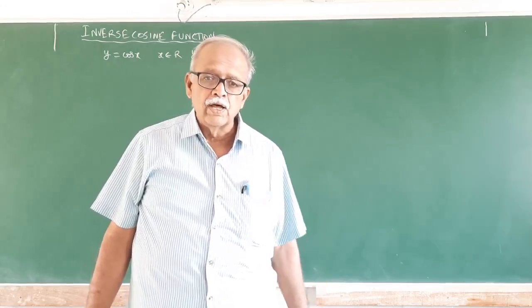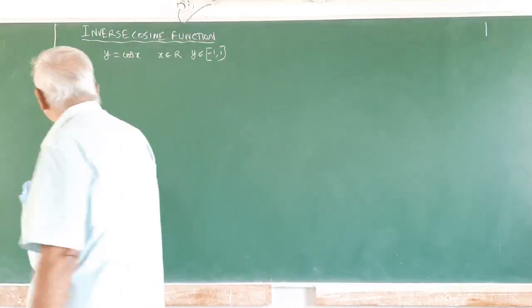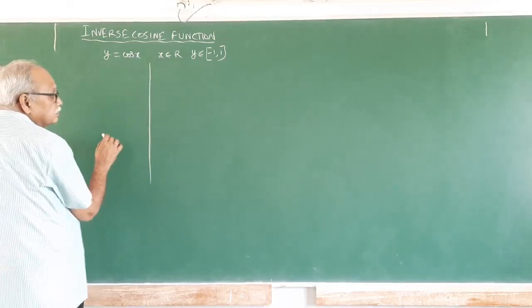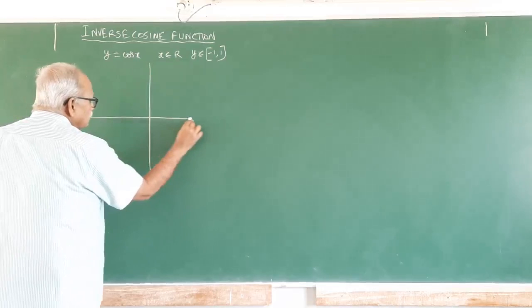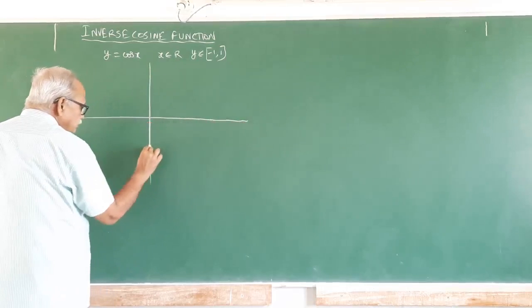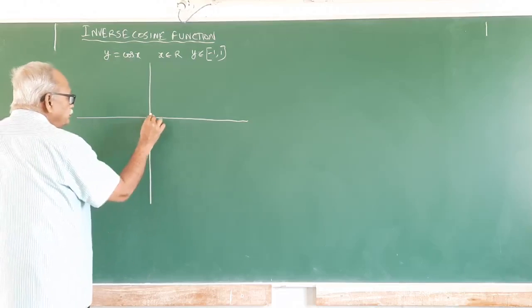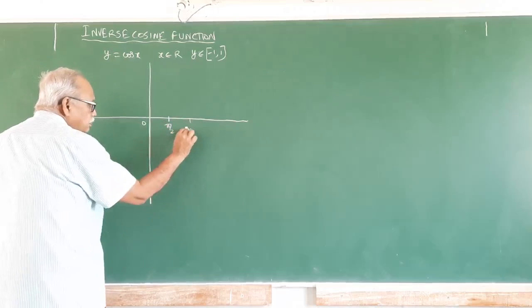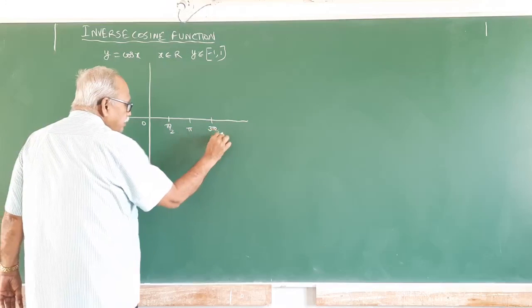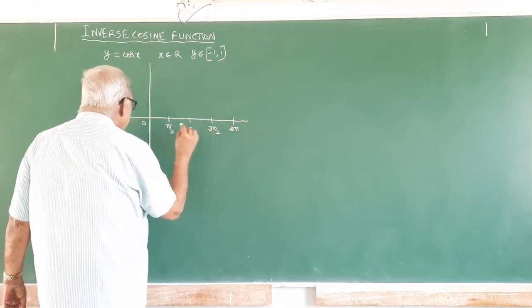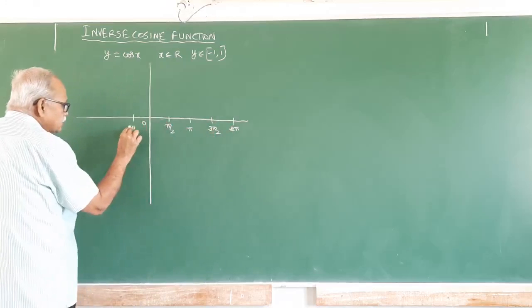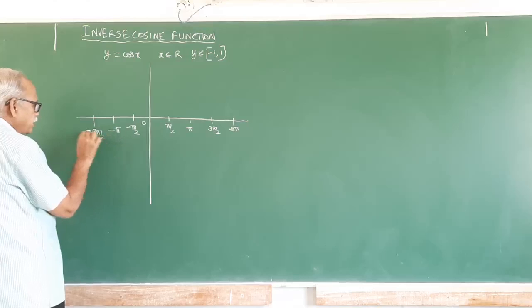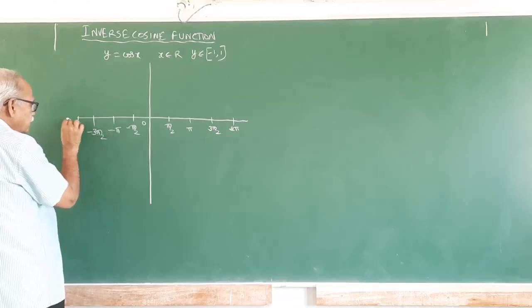That we know from the cos function graph. Mark 0, pi by 2, pi, 3 pi by 2, 2 pi, and minus pi by 2, minus pi, minus 3 pi by 2, minus 2 pi.